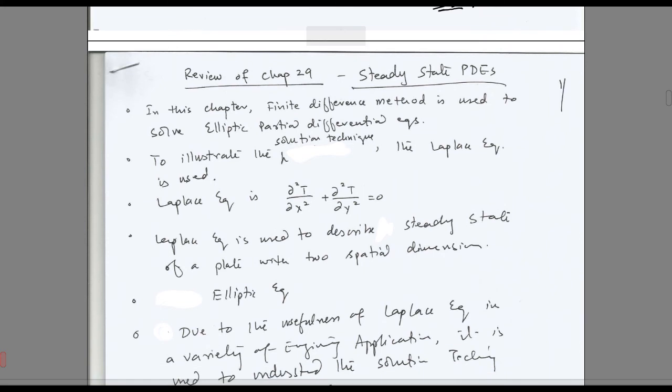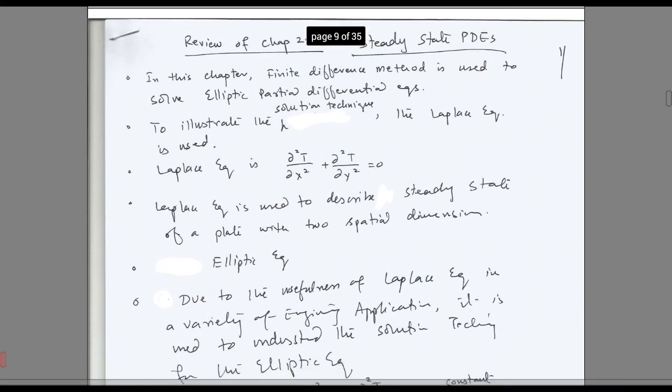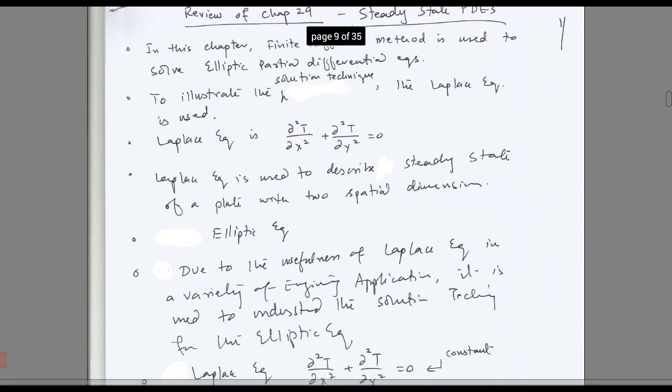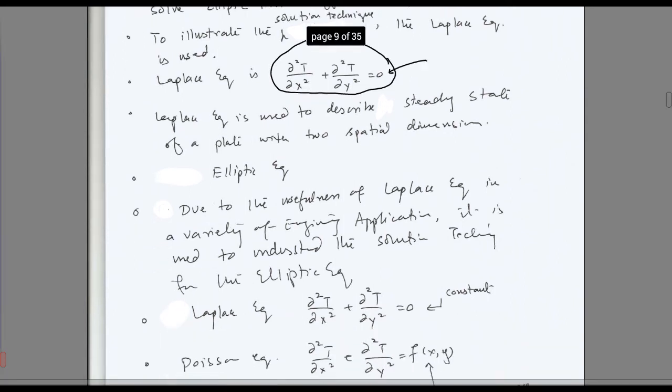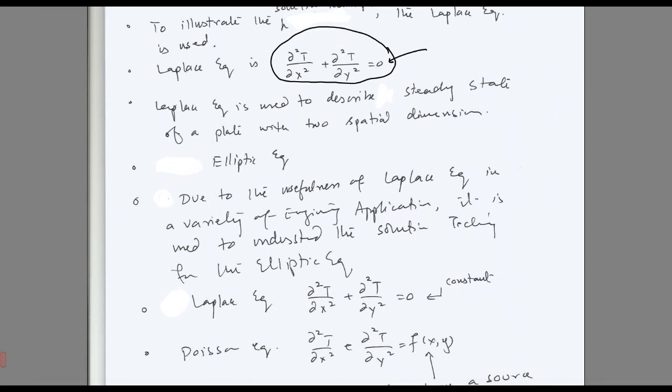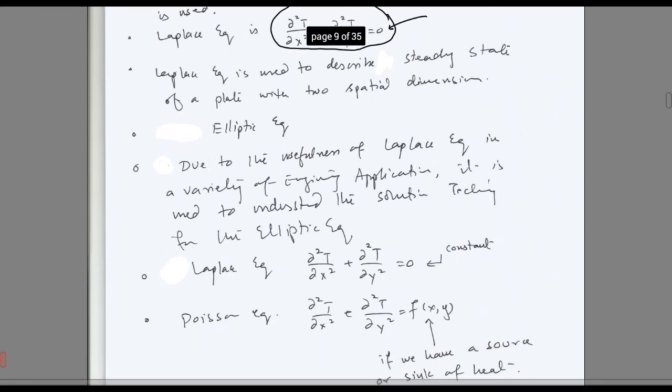In this chapter, the finite difference method is used to solve the elliptic partial differential equation. The example taken to understand the method is the Laplace equation, where the temperature here is fixed. So the Laplace equation is used to describe the steady state of a plate.